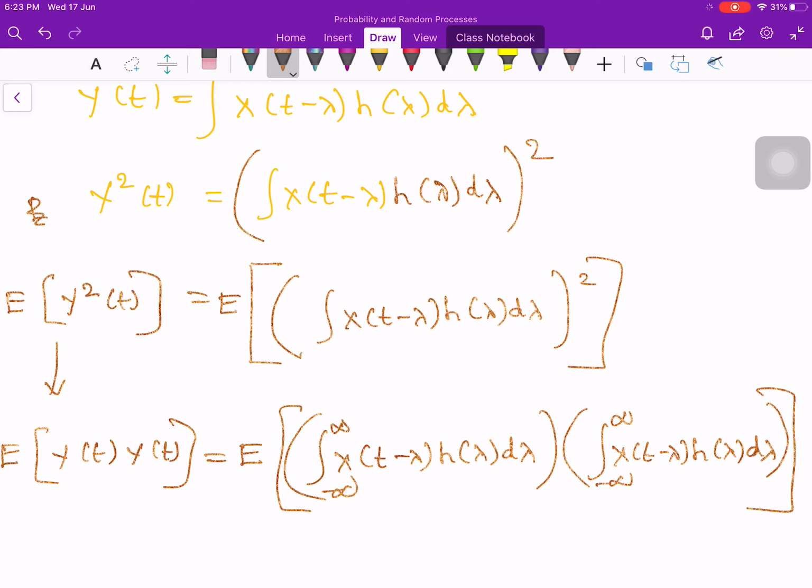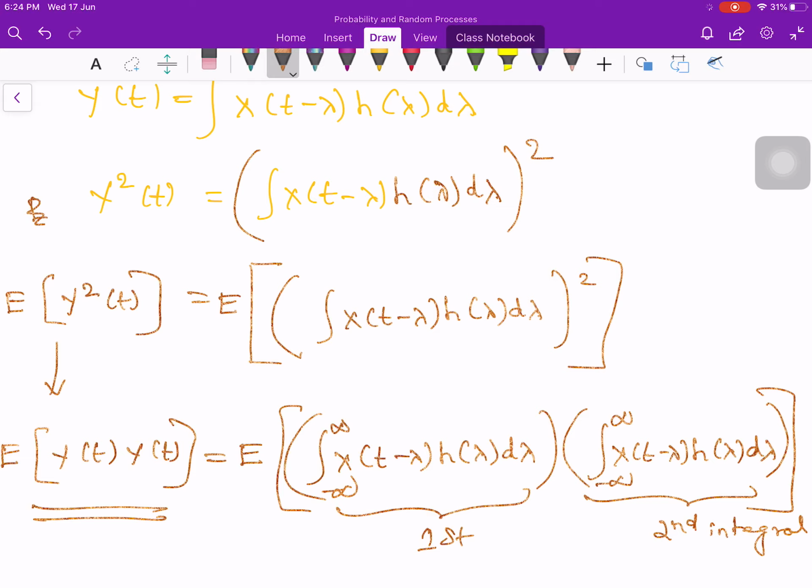Therefore, to find the mean squared value of the output, we must be able to calculate the product of two integrals. This is one integral and this is the second integral.